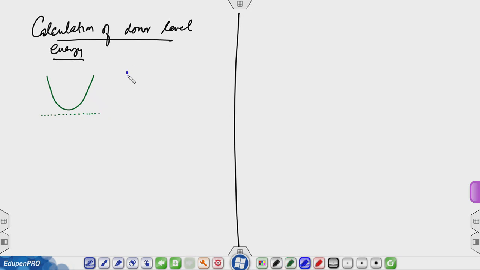So, number 1, kinetic energy of electron is h cross square k square over 2 m star in the conduction band.